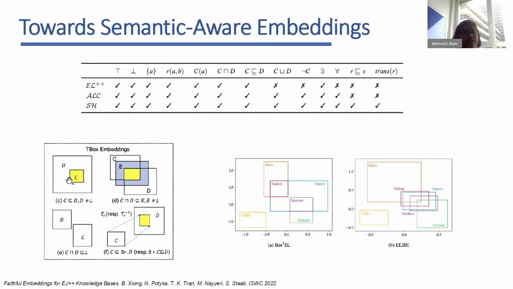So you have C is subsumed by E, and you can represent this concept within the embeddings that you saw. What you saw so far were Euclidean spaces. Now we are moving towards box embeddings, which represent the concepts as boxes. In this case, you can represent these kinds of concepts and keep the semantics much better than what you saw before in the Euclidean spaces.